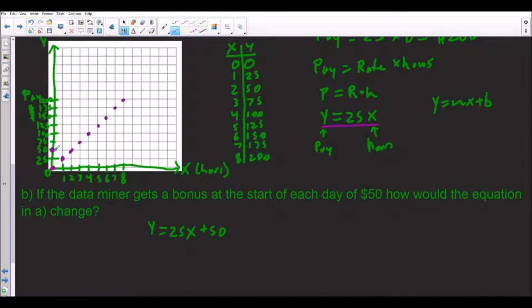We know we're going to go up 25 and over 1, up 25 over 1, up 25 over 1, then we'd see this as our line. And see, at 8 hours, instead of making $200, if we extend our axes a little bit further, we'd say 225, 250. At the end of 8 hours, they'd make $250, which makes sense because at the start of the day, they get $50 extra.